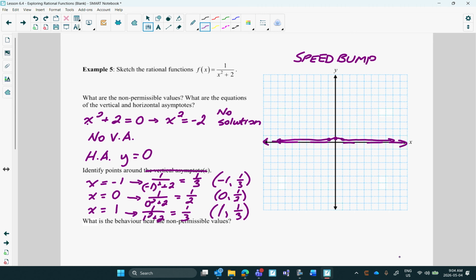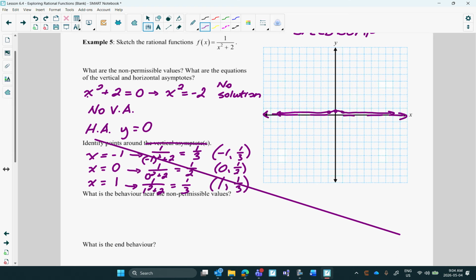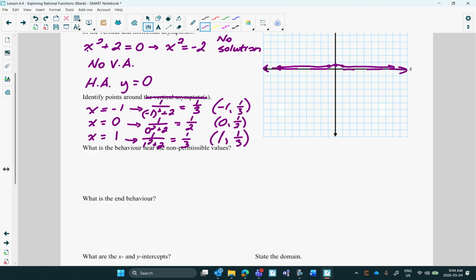There's a little speed bump thing. So what's happening near the non-permissible values? Well, there are no non-permissible values. So nothing's happening.